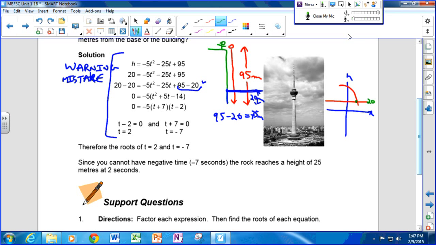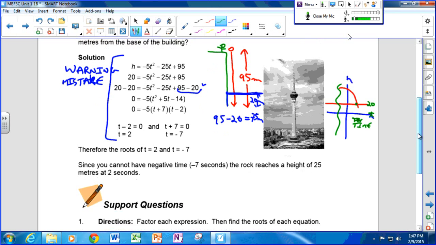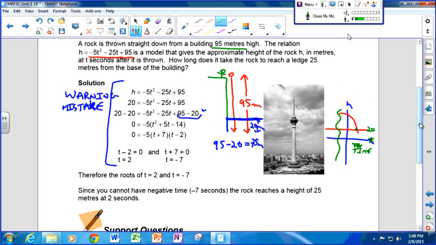This should be t along here. This is time. And in a case like this, we discount the negative t values because it doesn't make any sense. We always end up with 2 roots for these parabola solutions, but if we're dealing with time, one of them doesn't make sense, a negative time.